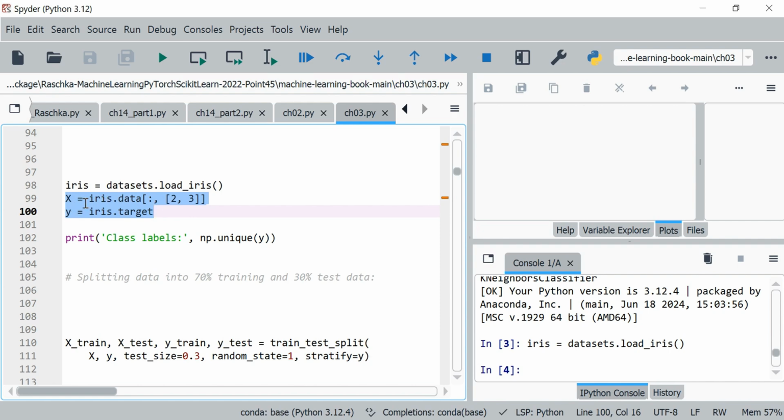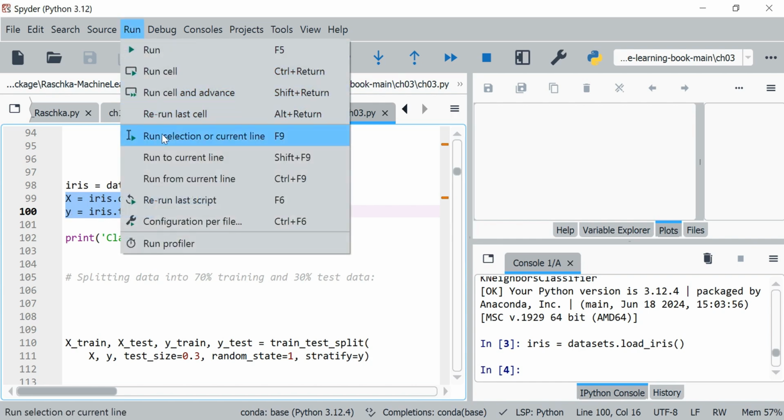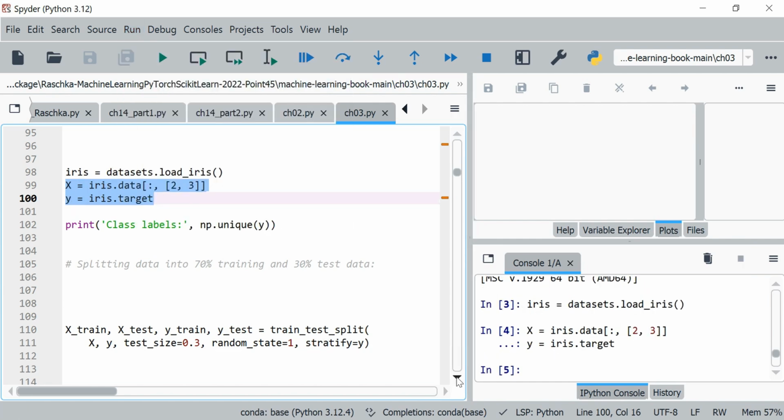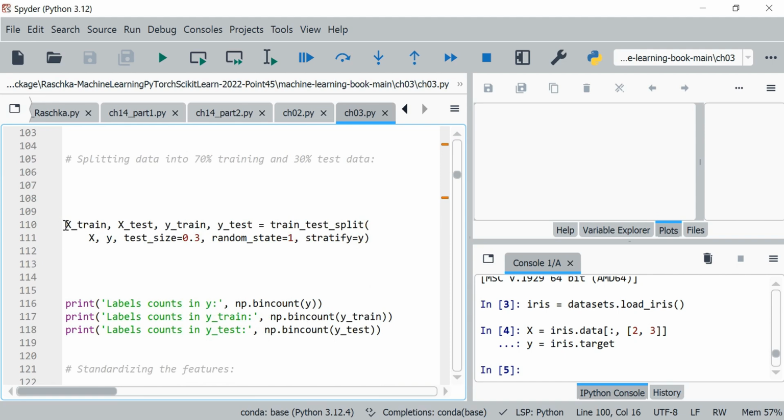So create the features and the labels. Then we do train test split, with 30% of the samples as the testing set and 70% for the training, and we use stratify equals y.